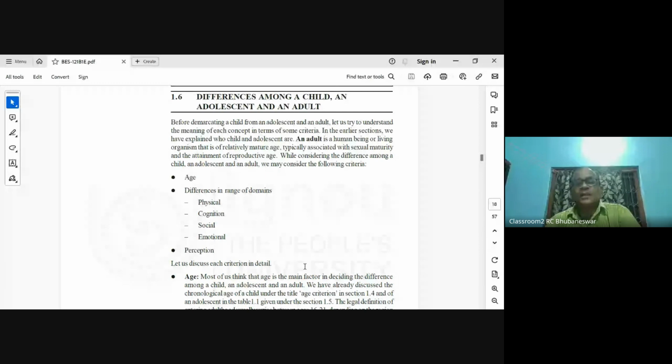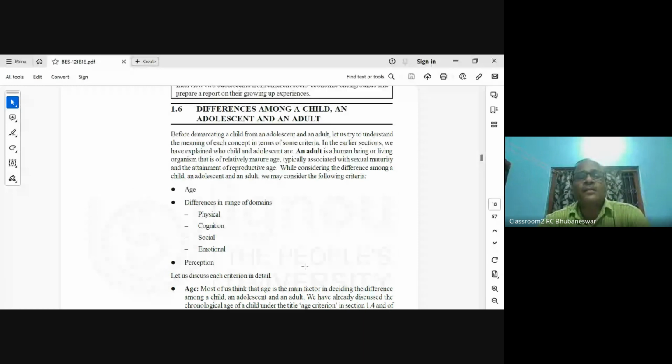In physical structure, the 10-year-old child's physical structure may be different from that at 15 years, and different at 18 years. In cognitive ability, difference is there. Social experience is different. Emotional is also different. In perception, also, child, adolescent and adult are all different.